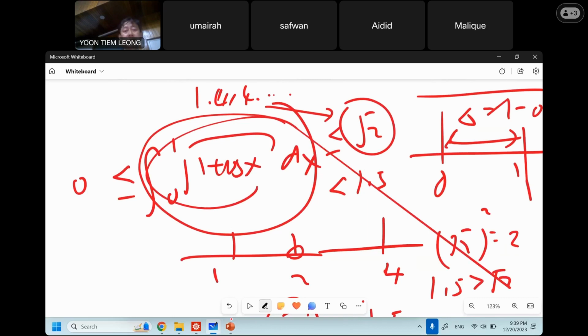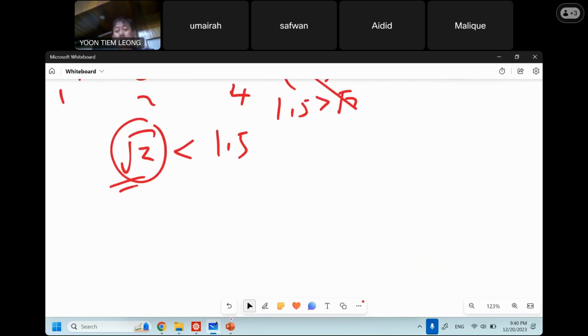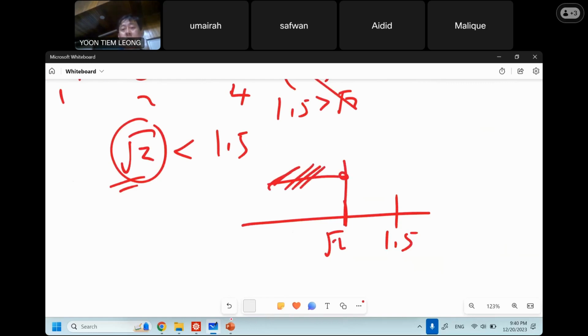So if this function is less than square root of 2, then definitely it is less than 1.5, right? This is 1.5, this is square root of 2. So if the function is less than square root of 2, definitely it will be less than 1.5.